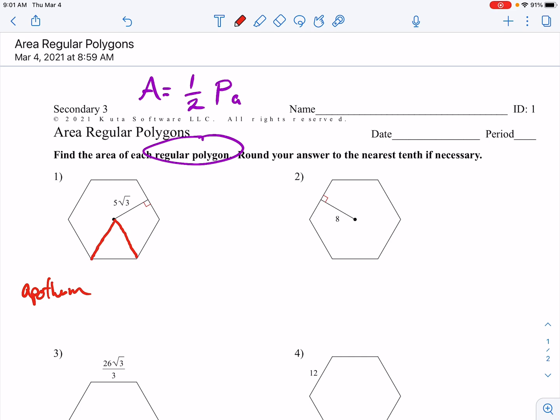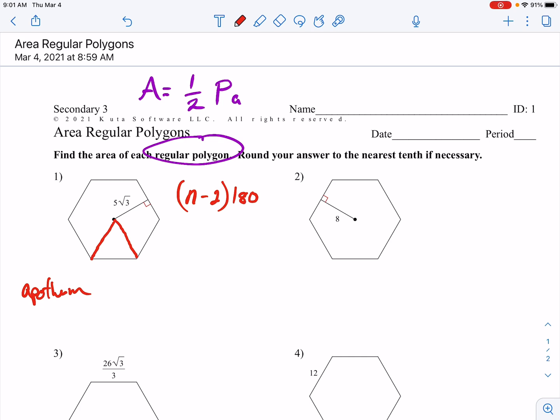All right, so one formula that we can use for finding the sum of the angles of a regular polygon is the number of sides take away 2 times 180. So this is a hexagon. It has 6 sides.